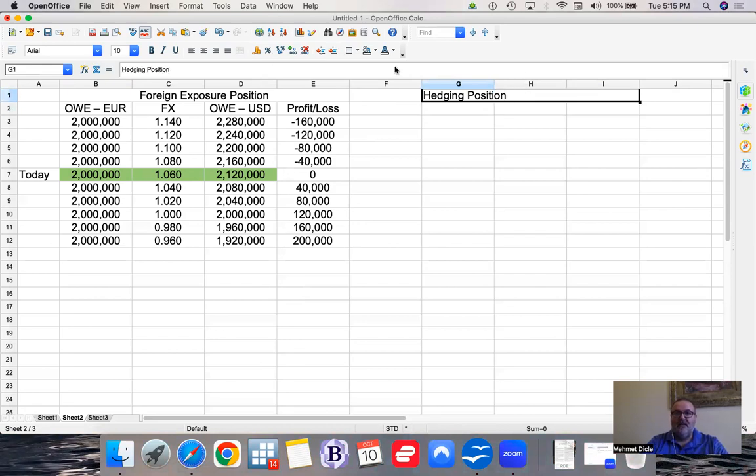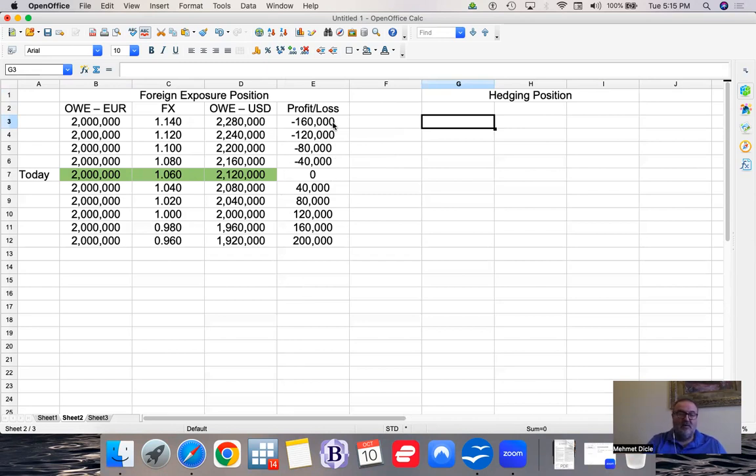And this actually is supposed to make me money as the exchange rate goes up. And ideally, we want to have equal amount of profit with this new position that would offset the amount of losses that I have.